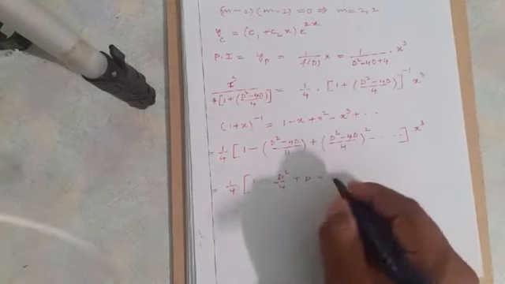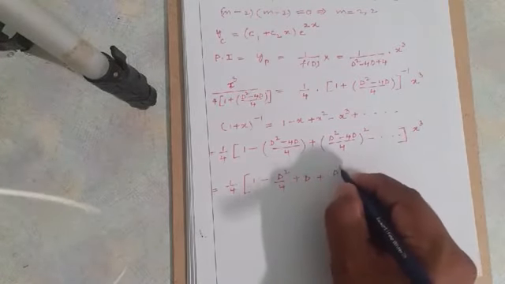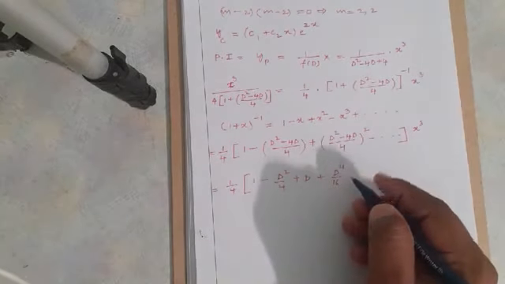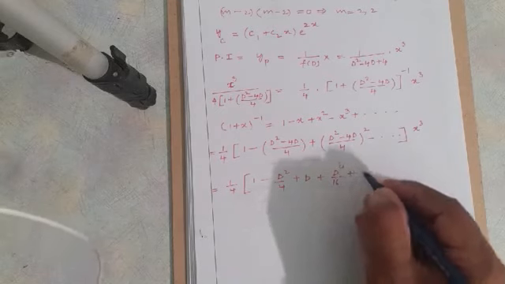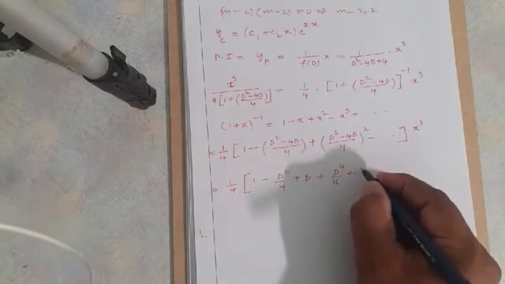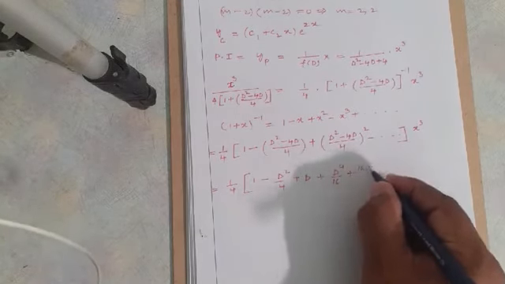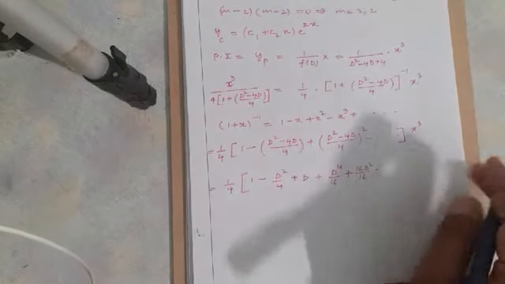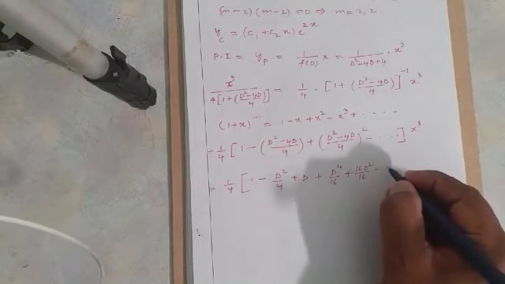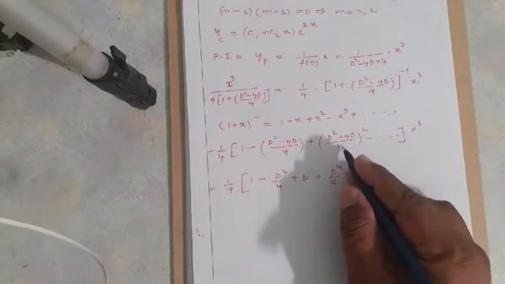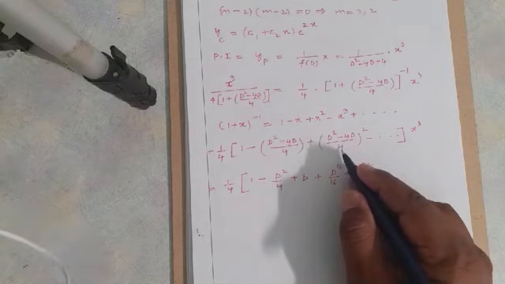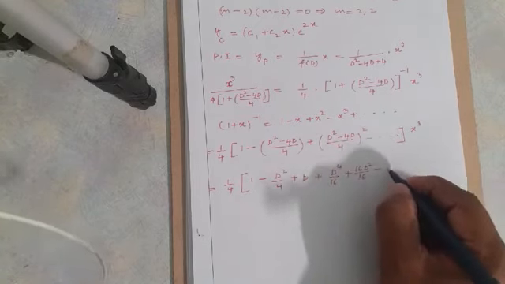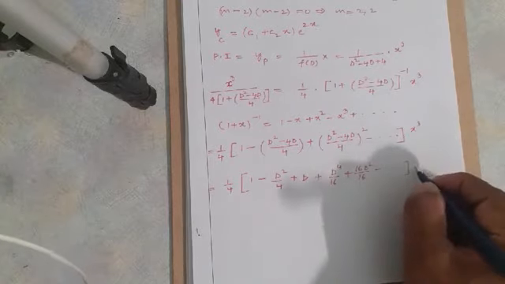If you expand this you get D power 4 upon 16 plus, b square is 16 D square upon 16, minus 2ab, where you can take D square by 4 as a and 4D by 4 as b. You can neglect that also, no problem, and so on. Just close the bracket, x cube.